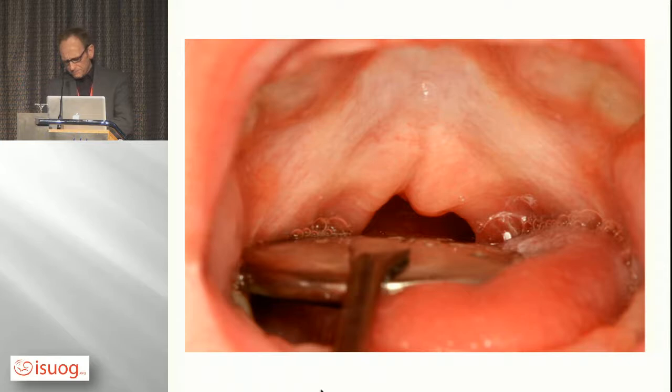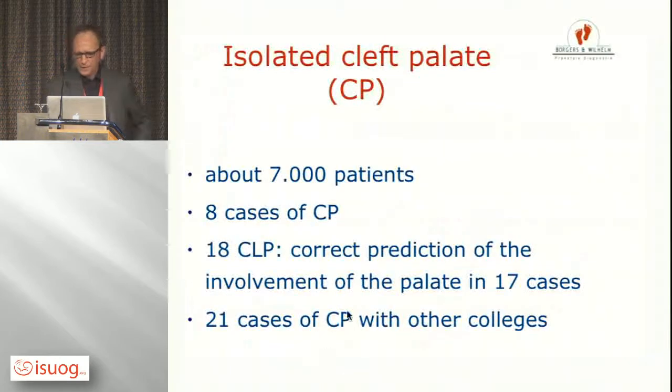So to come to the end, I want to show you some data. Since using this technique, we have examined about 7,000 patients. We were able to diagnose 8 cases of isolated cleft palate. To our knowledge, we missed no cleft. And furthermore, you can use this technique for your diagnostic of cleft lip and palate too.